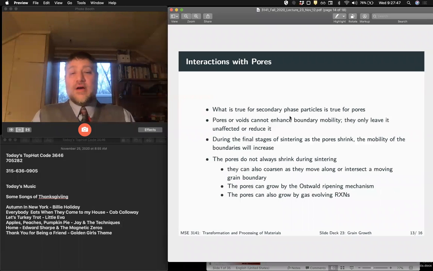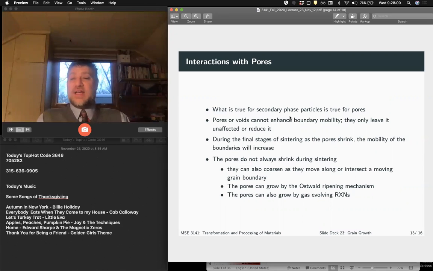So generally, what's true for secondary phases is true for pores, okay? So we're bringing it back to sintering here a little bit, right? So pores or voids can't enhance mobility. They can only leave it unaffected or reduce it, right?